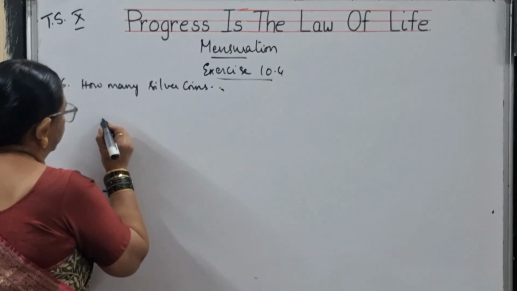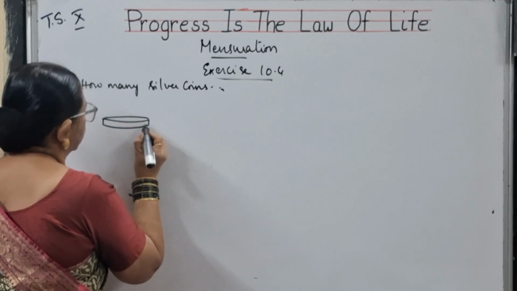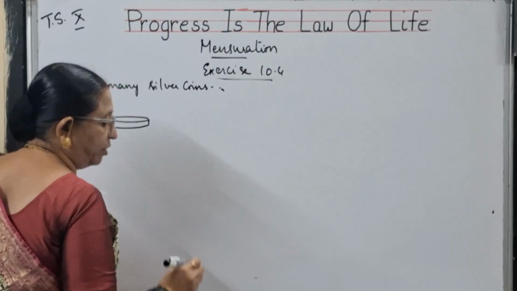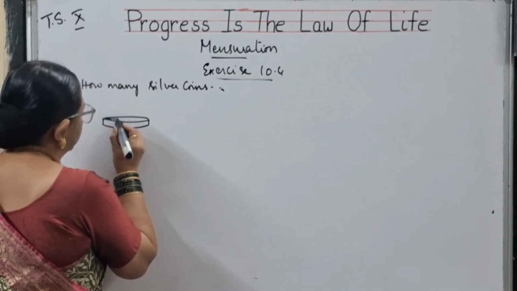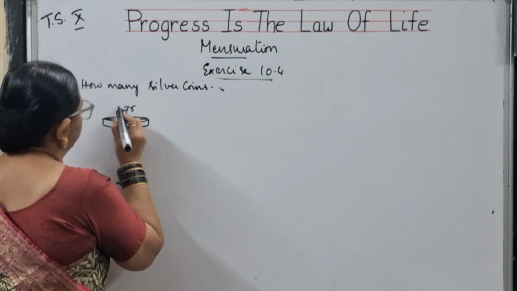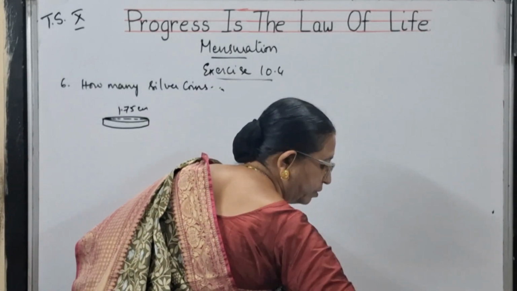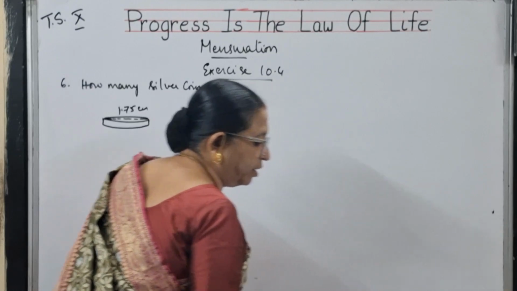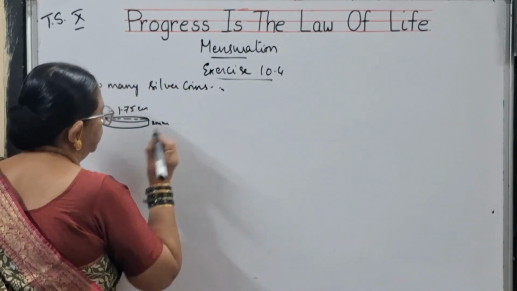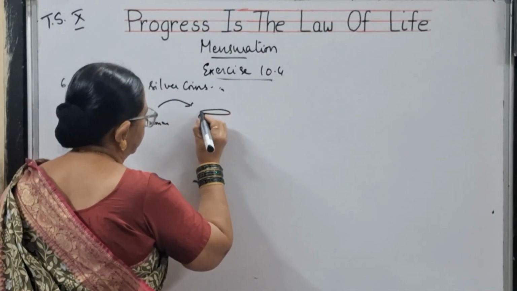This is a silver coin, having diameter 1.75 centimeters, and they have given the height as thickness, 2 millimeters.